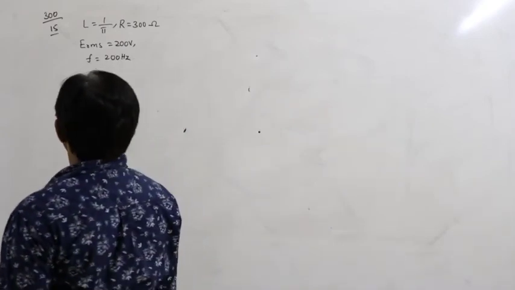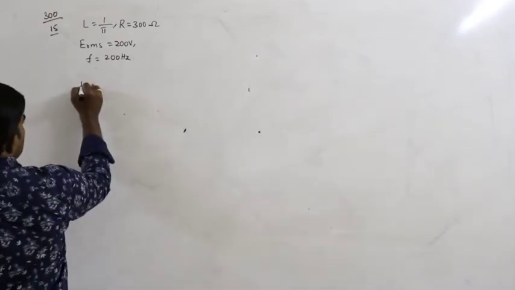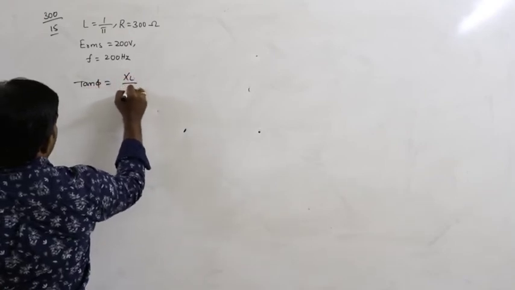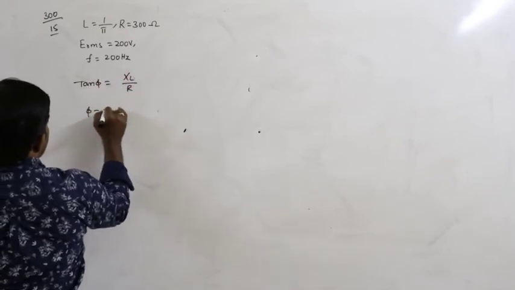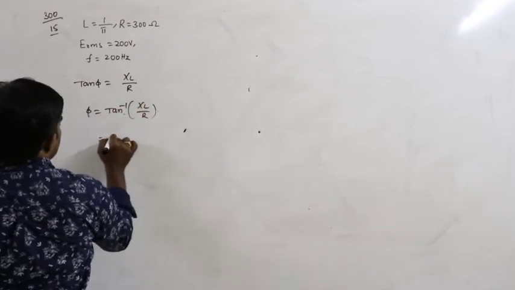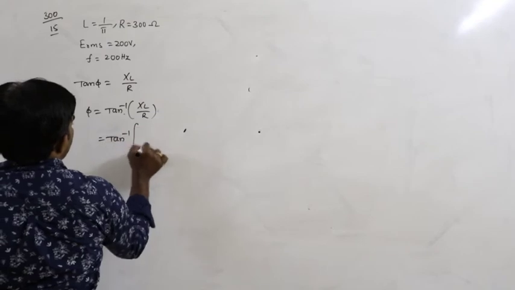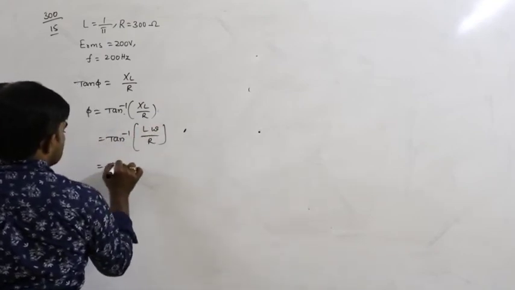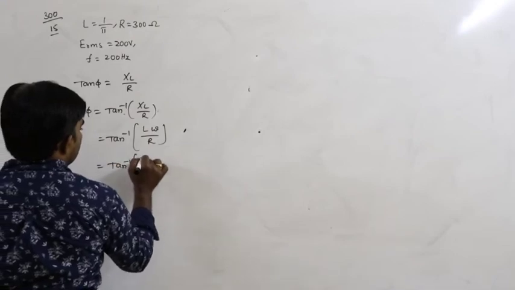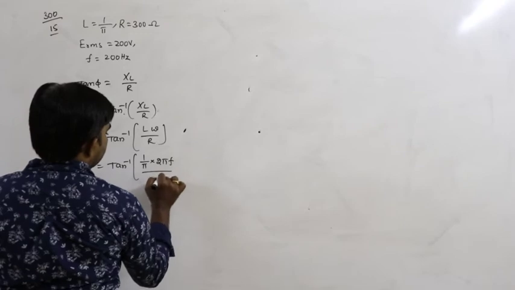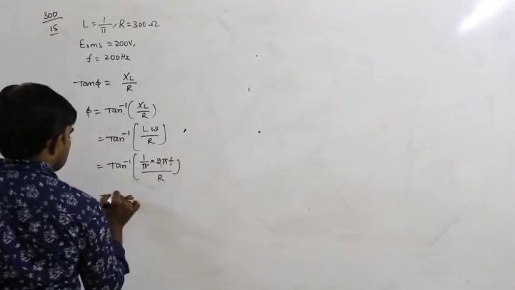In case of an LR circuit, what is the phase difference? Tan phi can be written as XL by R. So, phi is equal to tan inverse of XL by R, that is tan inverse of L omega by R. L is 1 by pi, omega is 2 pi f, divided by R, pi gets cancelled.